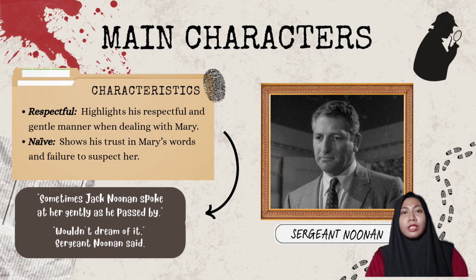For the second characteristic, Sergeant Noonan can actually become a naive person. On page 8, line 25, he said he wouldn't dream of it. This tells that Mary Maloney tried to give the murder weapon, which is the lamb leg, to the sergeant and the other two detectives, just to get rid of the evidence itself.